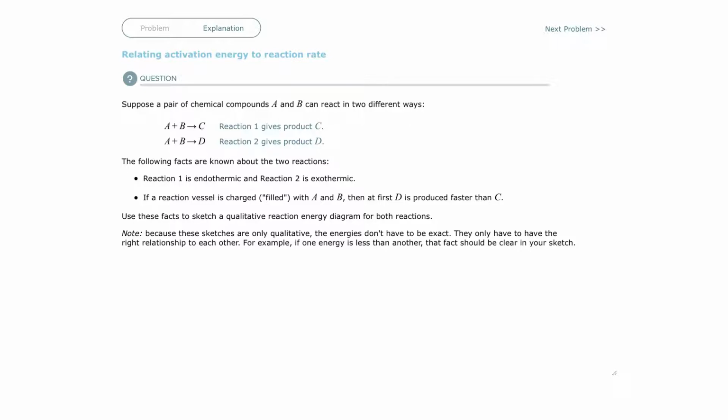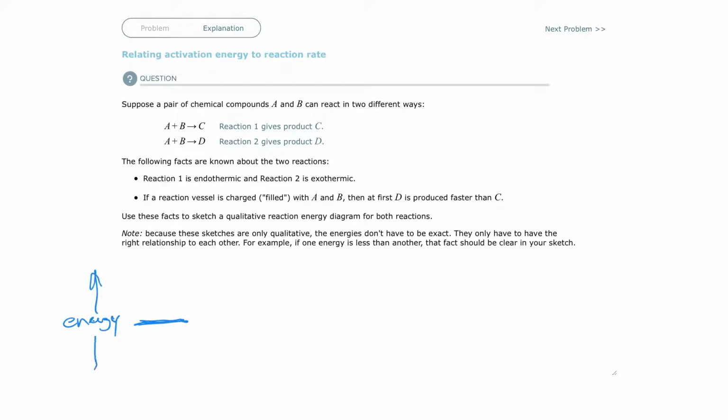So here's your information. Reaction 1 is endothermic. Reaction 2 is exothermic. What does endothermic mean? Let me just draw a sketch. You're just asked to draw a sketch here. It doesn't have to be anything specific where you have to know numbers. It's just a relationship. So let's say I have my reactants here at some energy level, with energy going up like this.